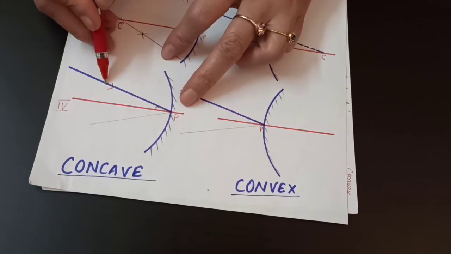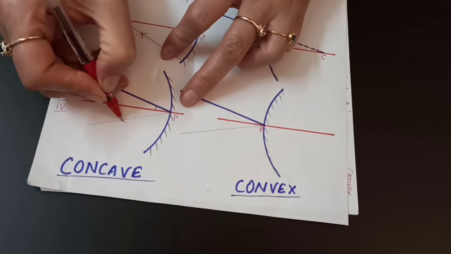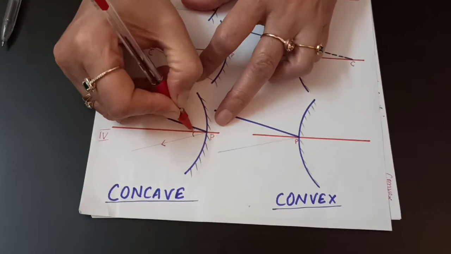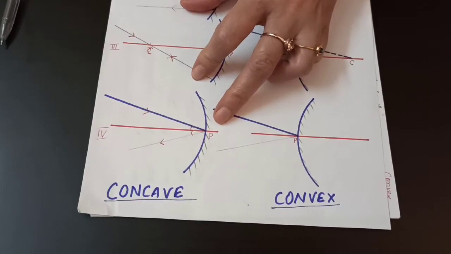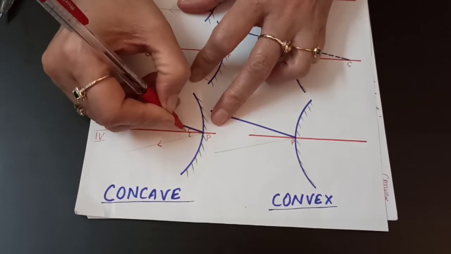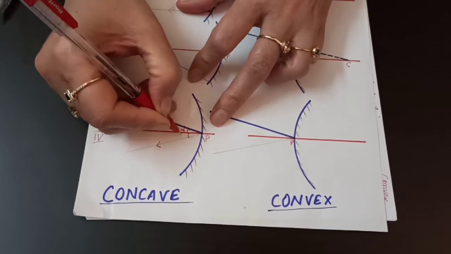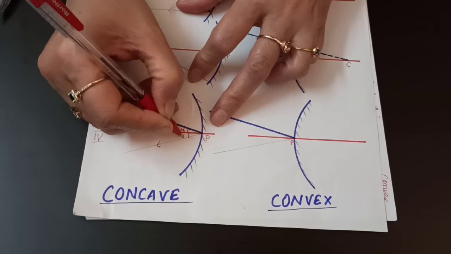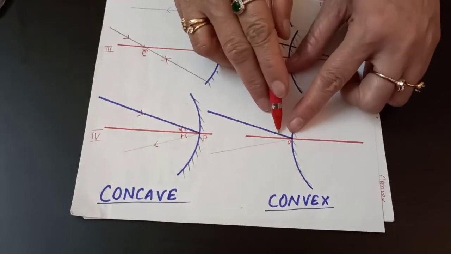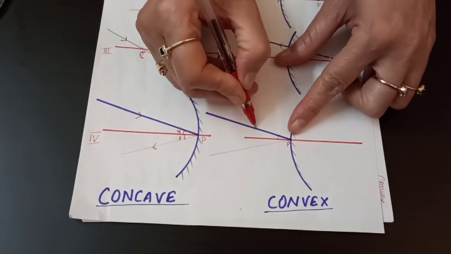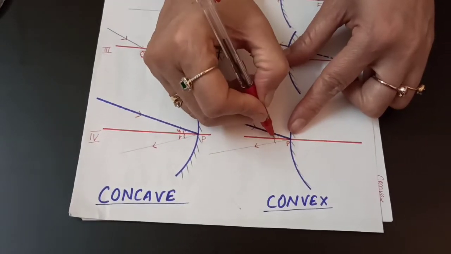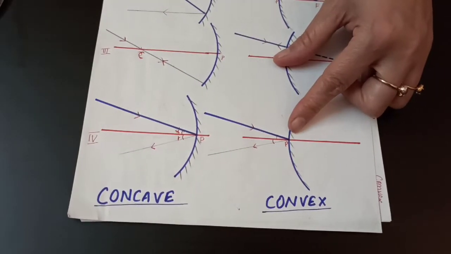This is the incident ray, this would be the reflected ray, and it would form the same measurement of the angle of reflection as the angle of incidence. Same is the case here. This is the angle of incidence, this is the incident ray, this is the reflected ray, and this is the angle of reflection.